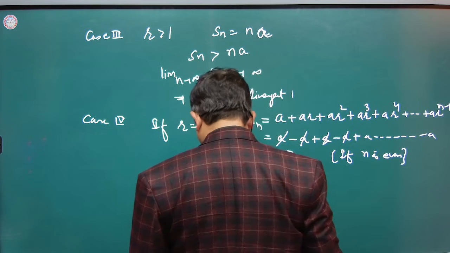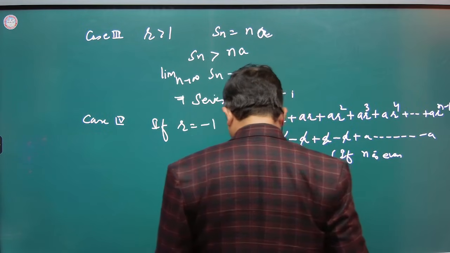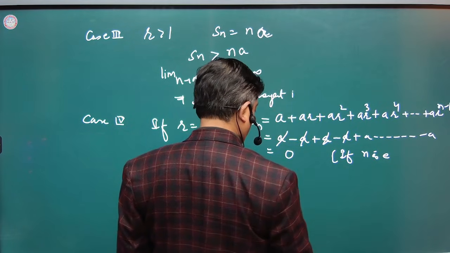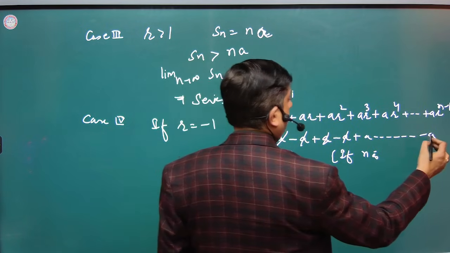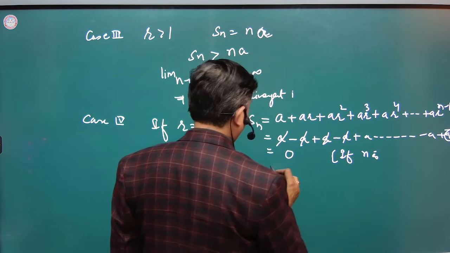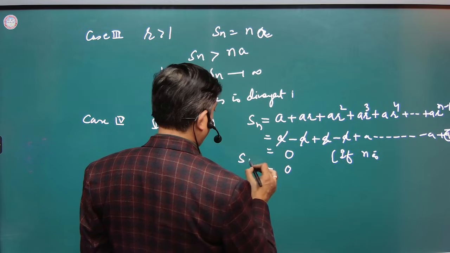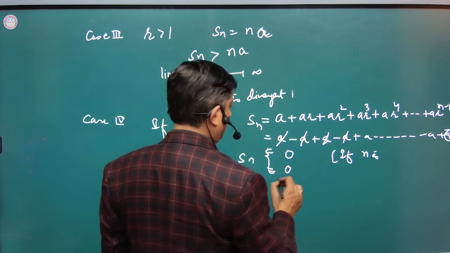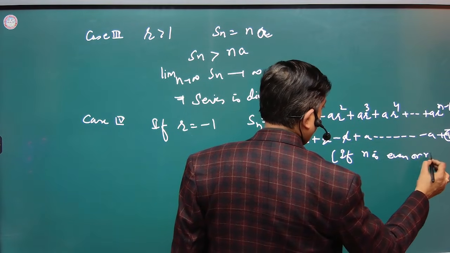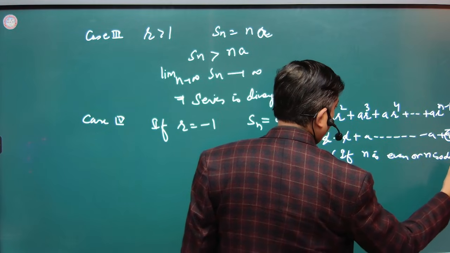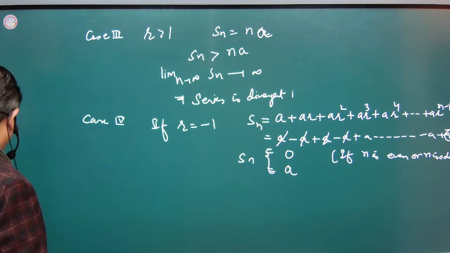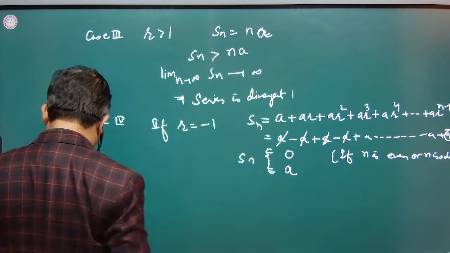It is a if n is odd, since all a cancel and the last one remains. So Sn has two values, it may be 0, may be a, accordingly if n is even or odd. It means we have the values 0 and a, but not a fixed value.